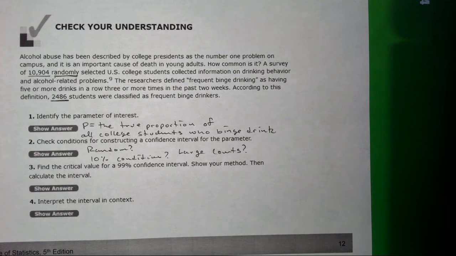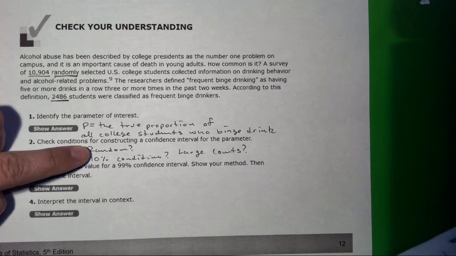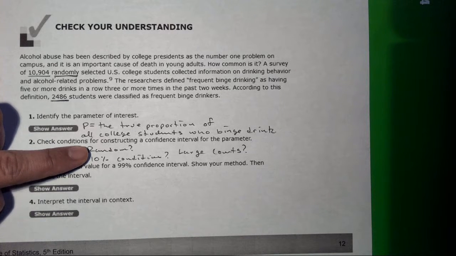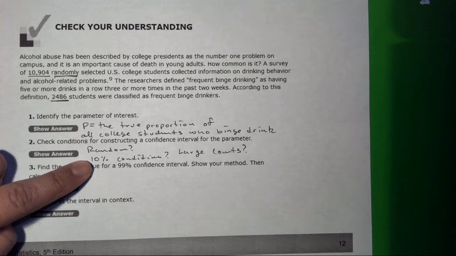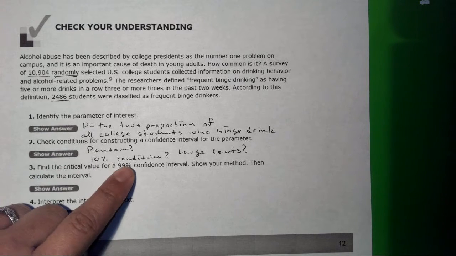And then if you did it correctly, you should pass all 3 of them, and it should pass the random condition because it actually says it in the problem, so you're good to go. 10% condition, yes, because your population of all college students is at least 109,040 college students in the United States, so it should pass that one.